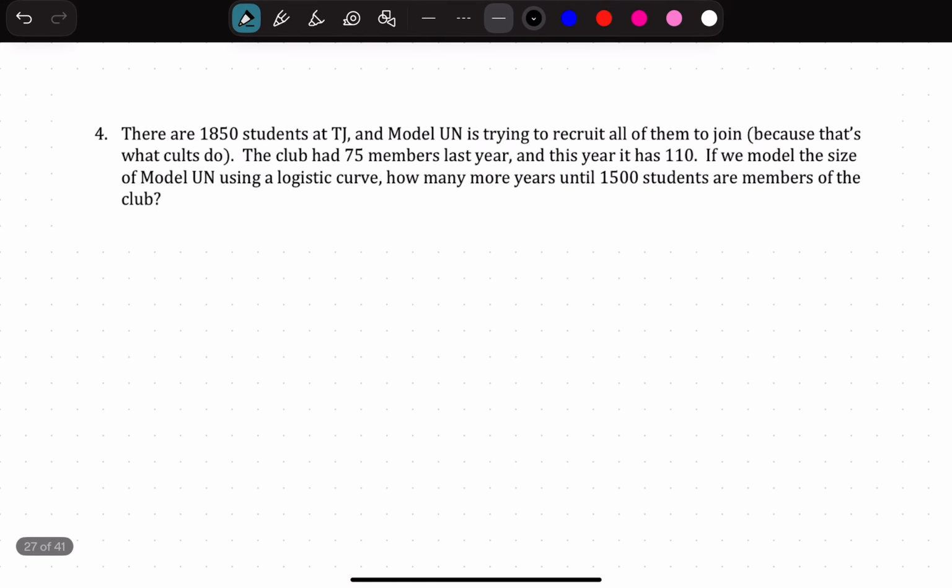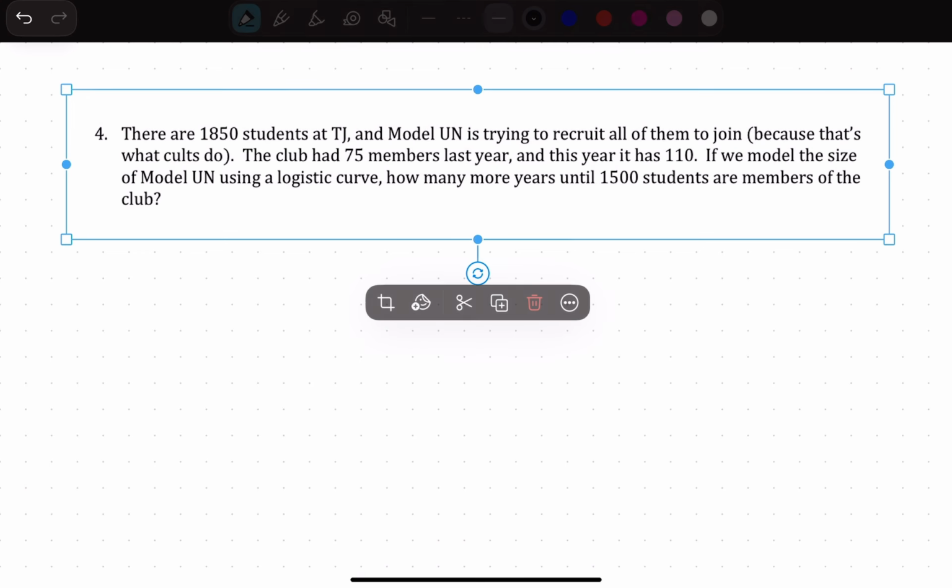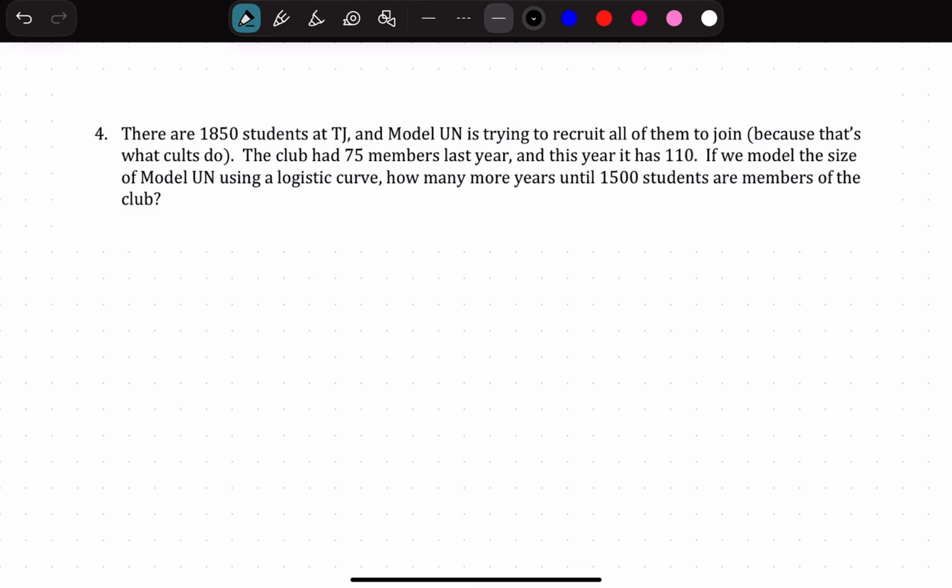Now let's do another question. Let's do question 4. So there's 1,850 students at TJ, and Model UN is trying to recruit all of them to join. And the club had 75 members last year, and this year it has 110. And if we model the size of Model UN using a logistic curve, how many years until 1,500 students are a member of this club?